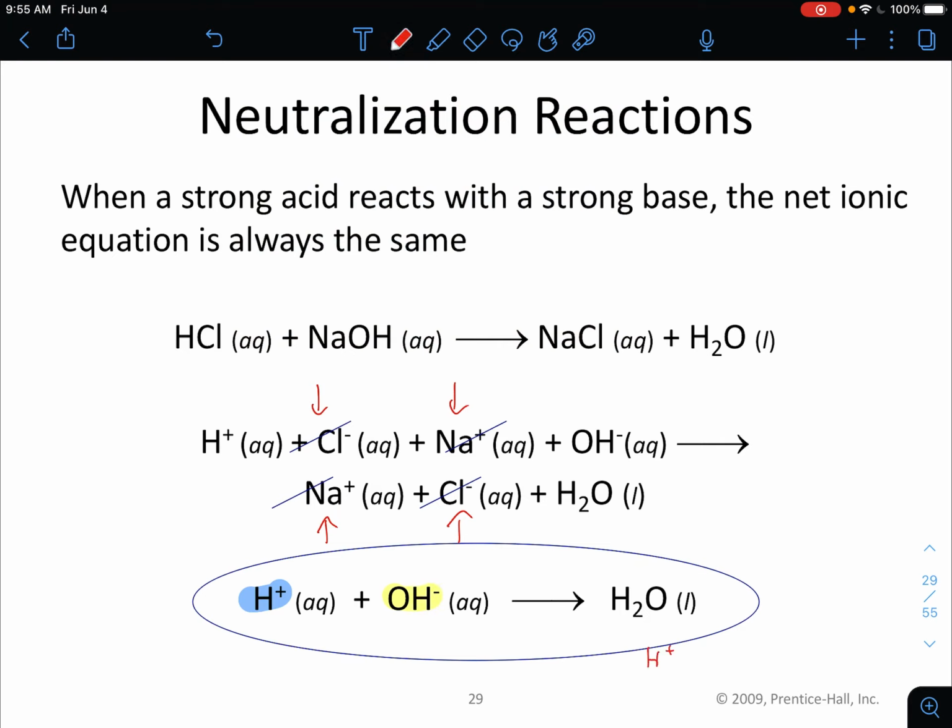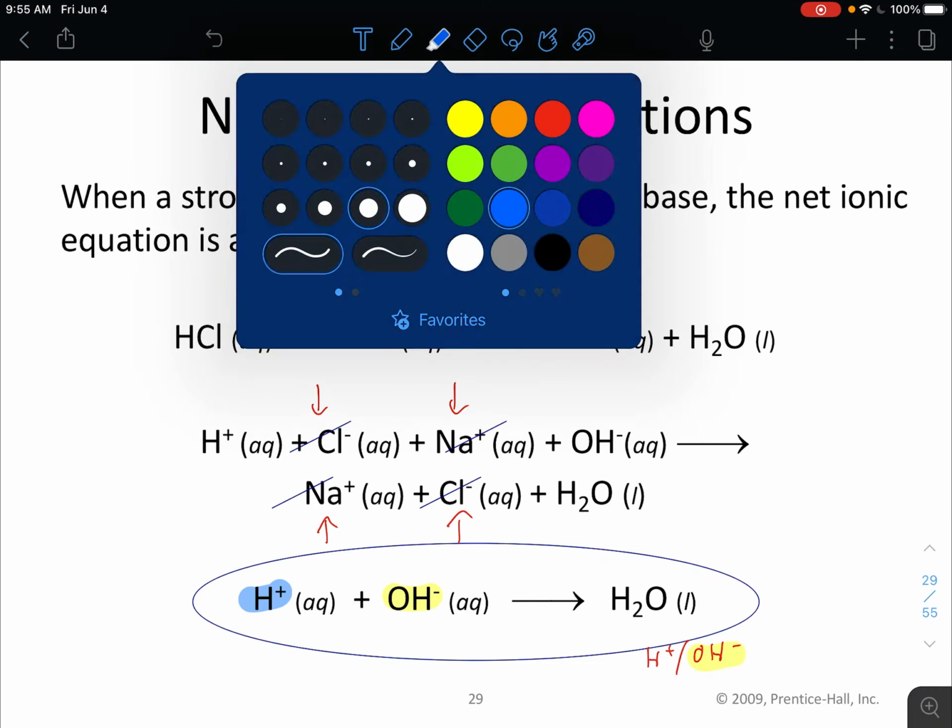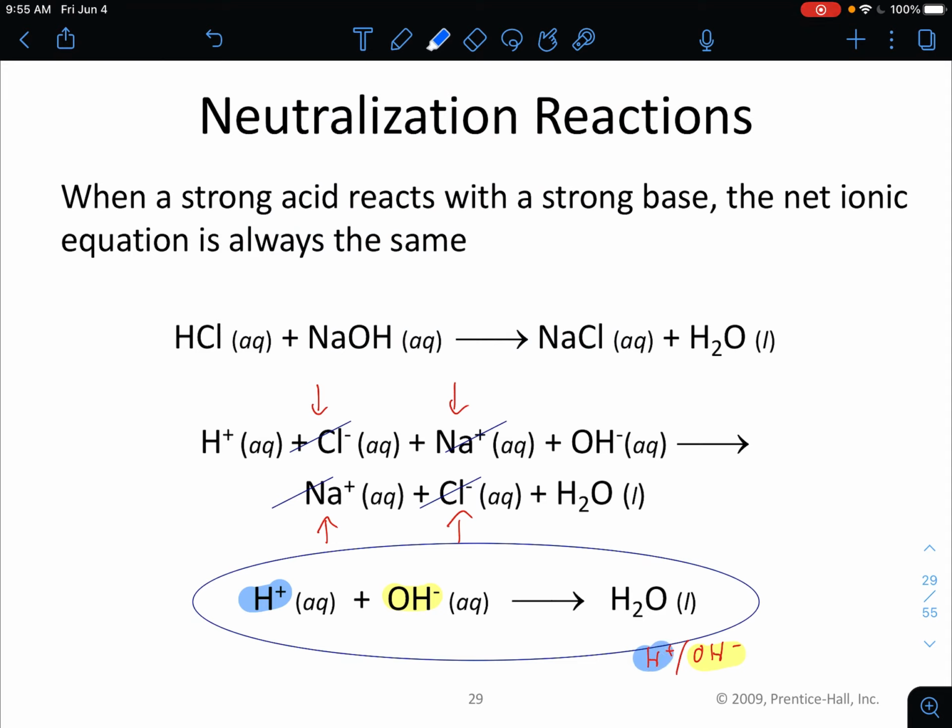Like we said, this is the combination of H plus and OH minus, and so when they react together, they combine and form water. Maybe not in the next video, but the one after it, we'll talk about the math that goes along with neutralization reactions and how we can do some calculations related to it.